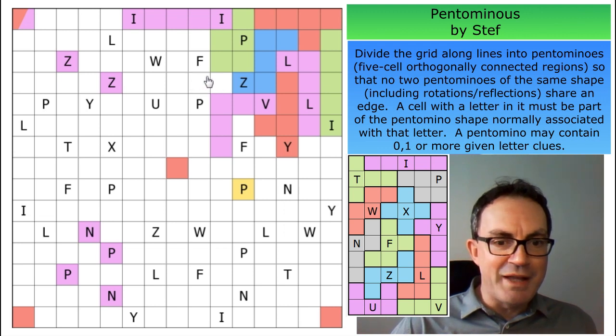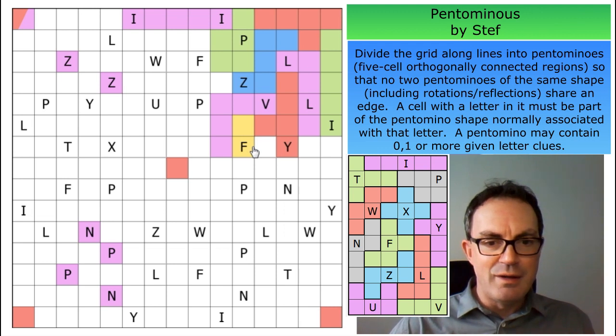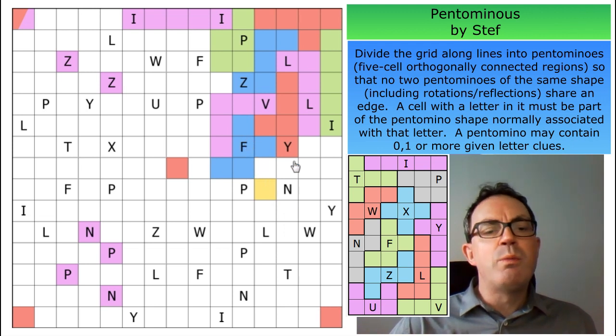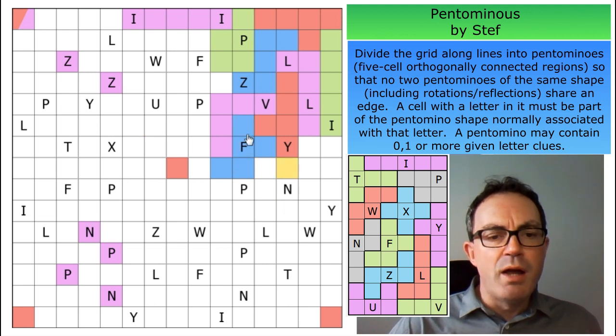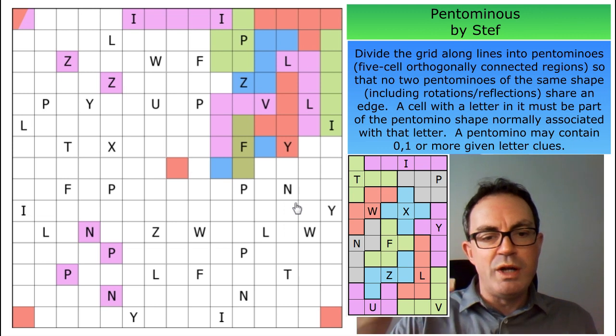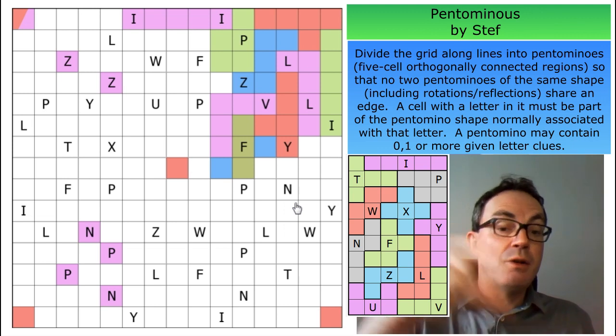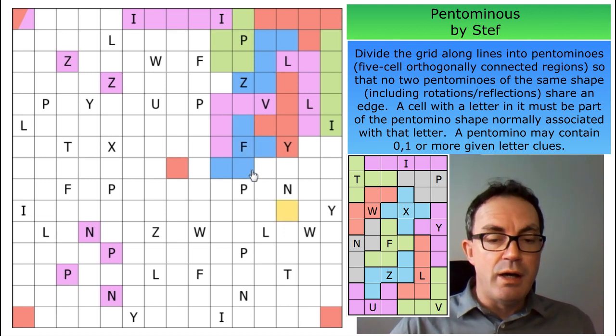I'm not sure about that immediately, but I can see this square has to join to the F. So there's only one way that this F can go. The F will have to do that. It's forced. One way to think about Fs is they always have a sort of three cell stem from which one cell will have to extend on the right and one will have to extend on the left.